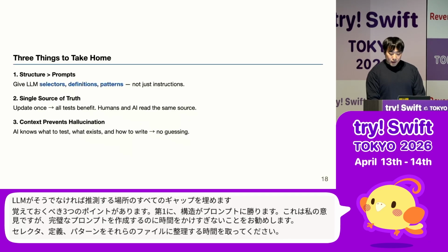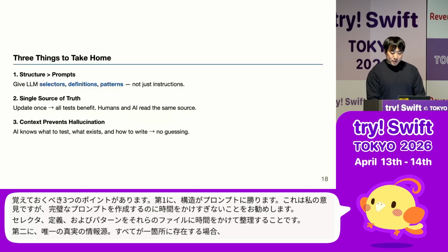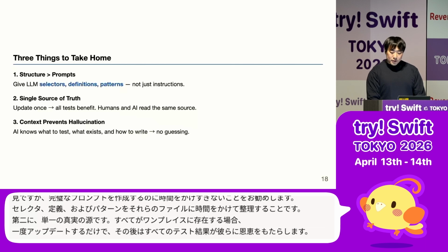Second, single source of truth. When everything lives in one place, you just need to update once, and then all the tests benefit. Both humans and AI can read the same source, so there's no drift and no inconsistency.